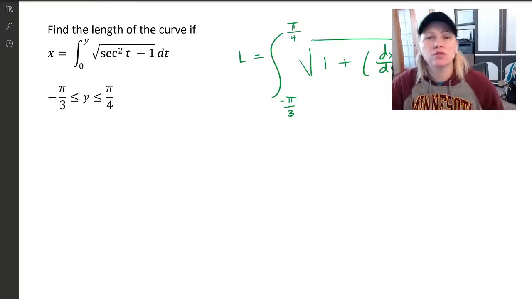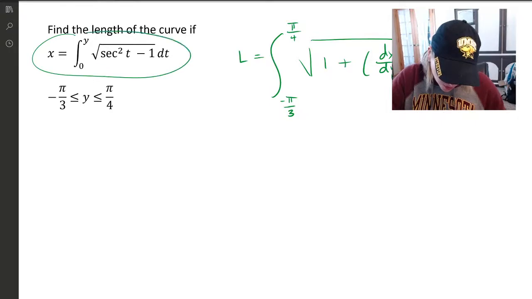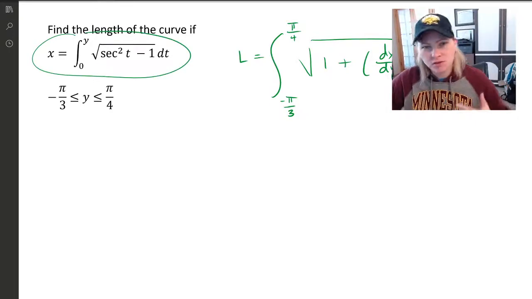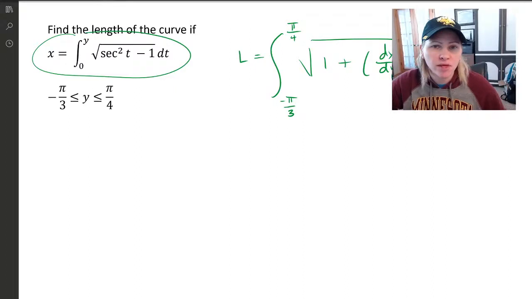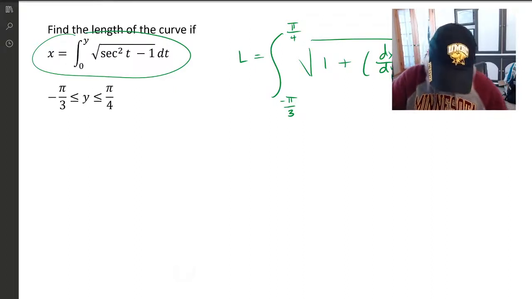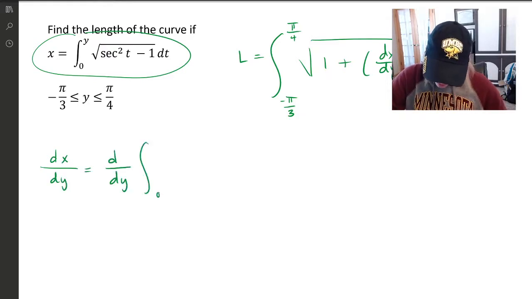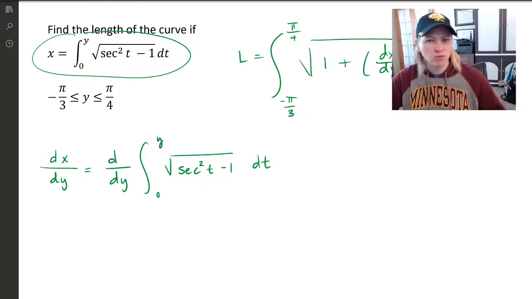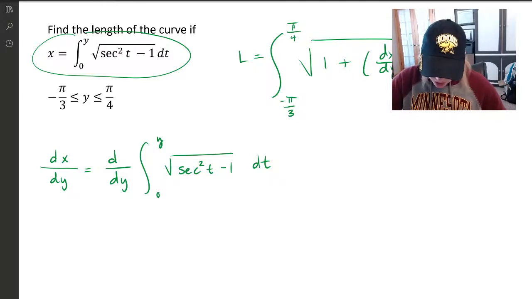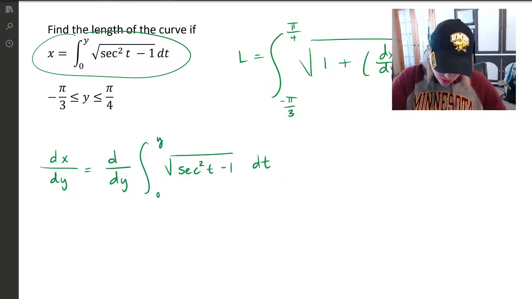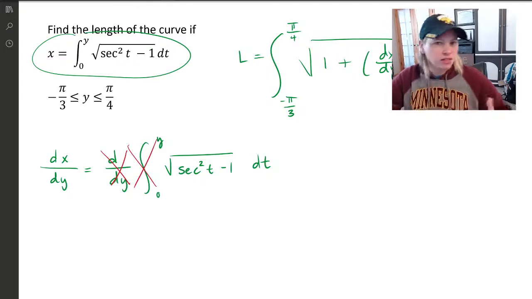The first thing we need to do is find the derivative of this equation. You'll notice it's an integral, and this reminds us of the fundamental theorem of calculus, part 1. When I'm trying to find dx/dy by differentiating an integral, and notice this integral has the letter t in it, something other than y, and we're going from a constant, it doesn't matter what constant, all the way to y, the derivative and the integral kind of cancel each other out.